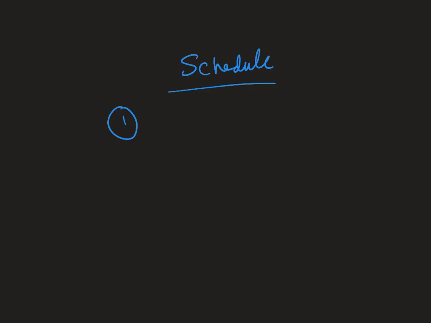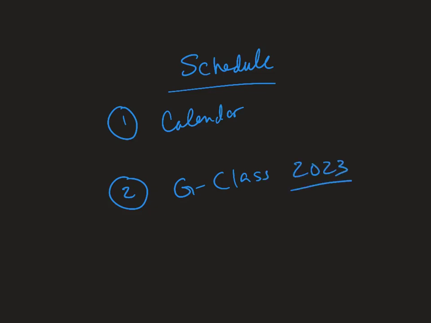When you find the email and you go to the calendar and you click on yes, it's going to put that calendar event in your calendar Monday through Friday, and that's where you can find a link to the virtual schedule. Somebody needs to mute their iPad. I'm not sure who it is because I'm hearing spoons. So it's going to be in your calendar. The second place is going to be in Google Classroom, Google Class 2023. The schedule is going to be in these two places. So that's the redundancy I was talking about before.